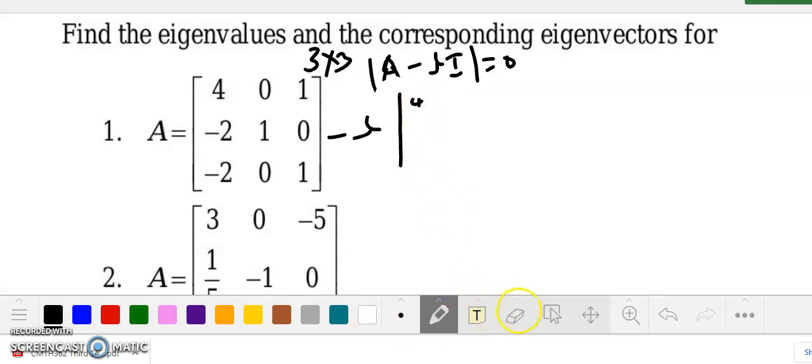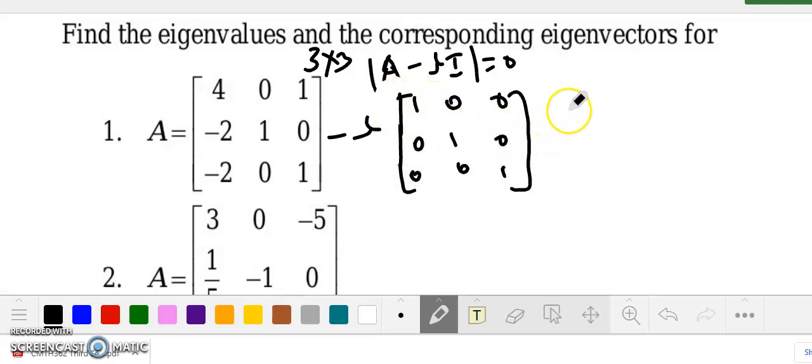The identity matrix in this case will be 1 0 0, 0 1 0, 0 0 1. This is an identity matrix.